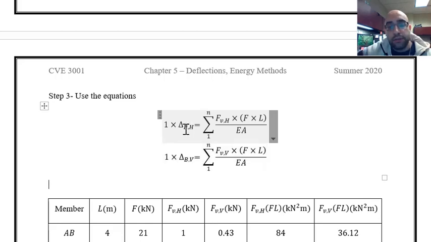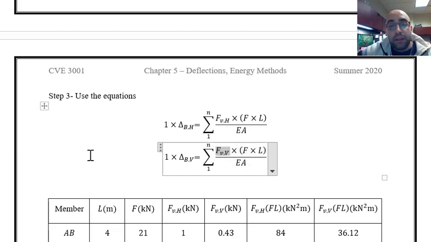Over there I was looking for the horizontal deflection. Over here I'm looking for the vertical deflection, and this term FVV is the virtual force in the truss members because of that virtual load that I applied at joint B, that virtual unit vertical load.